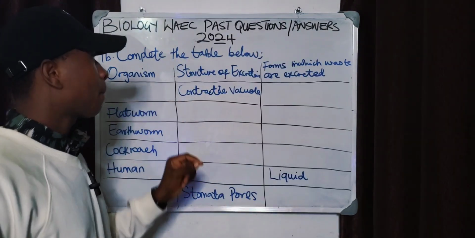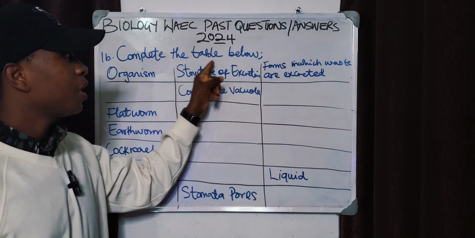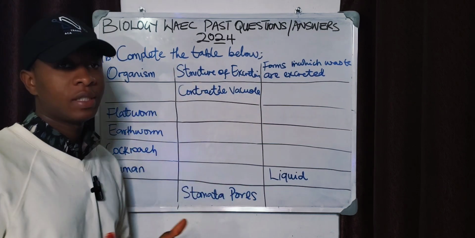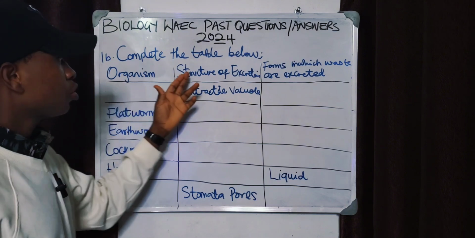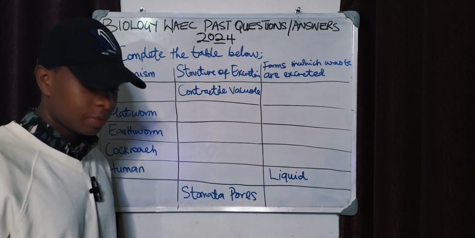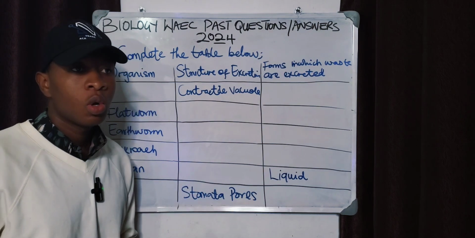All right, 1B. Let's look at 1B. The question says complete the table below. So we are expected to fill in this table. Organism, structure of excretion, forms in which waste are excreted. Now in this part, they are talking about nitrogenous waste.